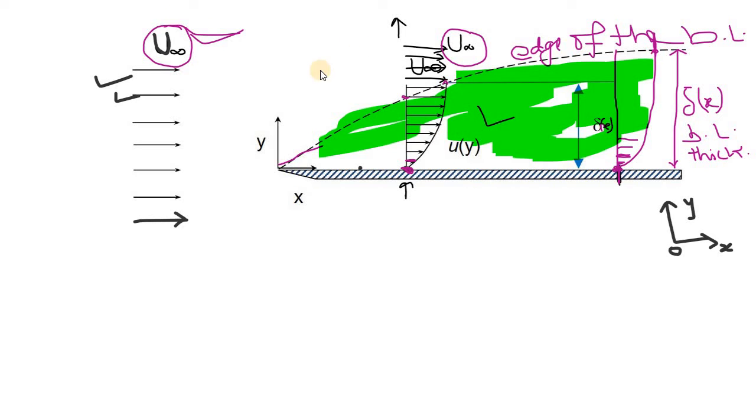Whereas in the other part, outside the boundary layer region, the velocity gradient in the y direction does not exist. So you can mathematically write that del u del y is equal to 0 in this region. So there is no velocity gradient in the y direction.